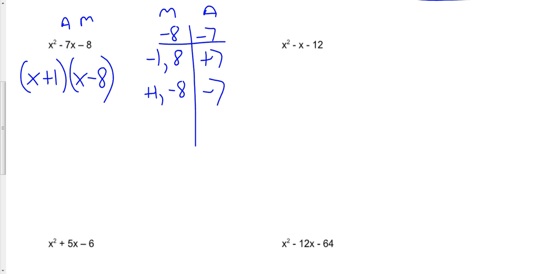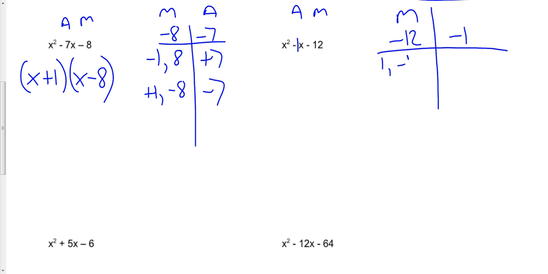Next example here, you'll notice I don't actually have a number in front of the x, and when you don't have a number in front of the x, that means the number is actually 1. So it has to add to negative 1 and multiply to negative 12. So 1, negative 12 is going to give me negative 11.